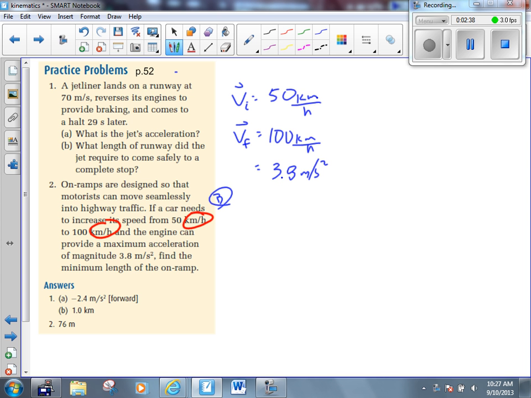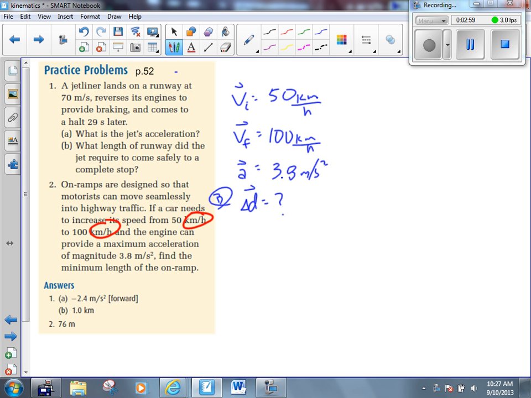It's the acceleration. Is it positive or is it negative? It's a positive acceleration because it's speeding up. If it was slowing down, we'd make it a negative acceleration. We want to find the minimum length of the on-ramp, so we're looking for delta D. I think that's all we have, isn't it?